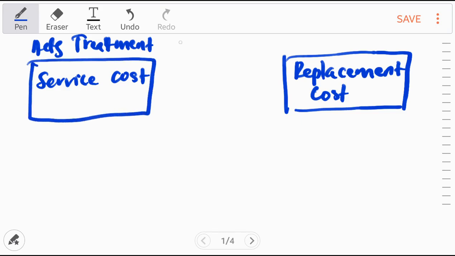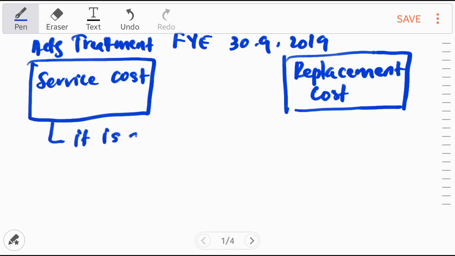So the accounting treatment here is for the year ended 30th of September 2019.